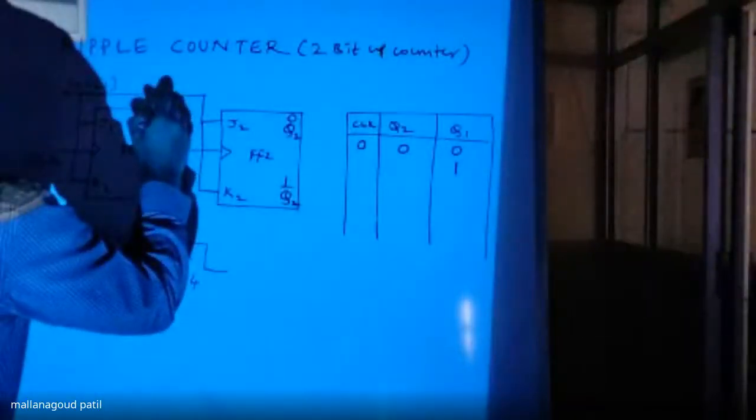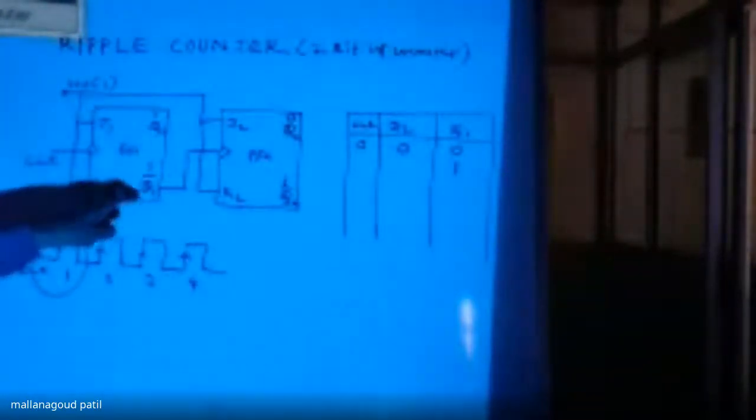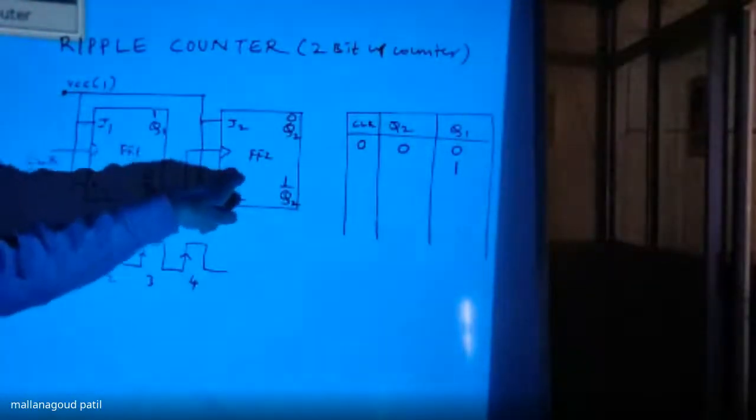When Q1 is 1, what is Q1 bar? 0. When Q1 bar is 0, can flip-flop 2 trigger?